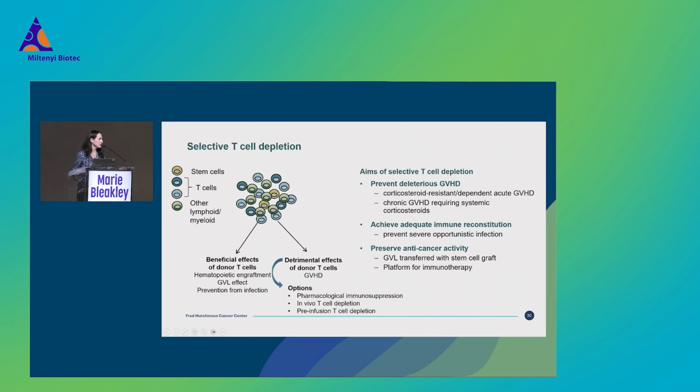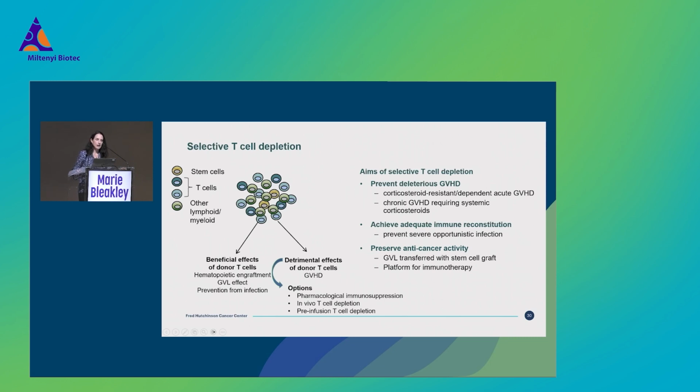So we became interested in developing a strategy of selective depletion of T cells with three aims. The first is preventing deleterious graft-versus-host disease, not necessarily all graft-versus-host disease, but the sort of GVHD that harms patients, including corticosteroid-dependent or resistant acute GVHD and chronic GVHD requiring systemic therapy.